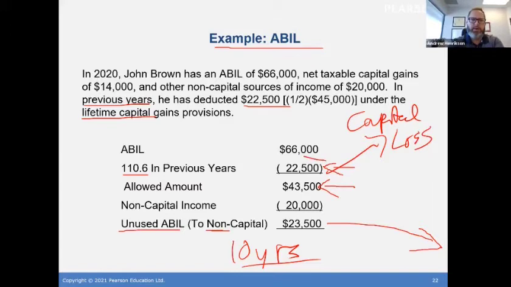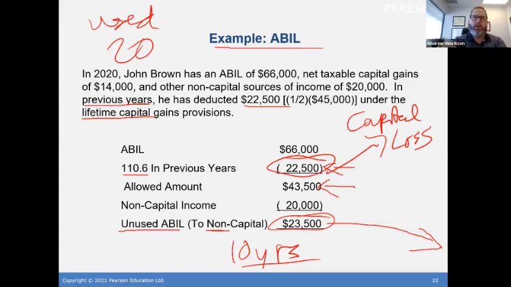So a lot of things going on here, right? That's getting carried forward, and that's getting carried forward. The stuff we couldn't use, right? Which is basically the 46,000. So ultimately here, we used 20, and we carried 46.